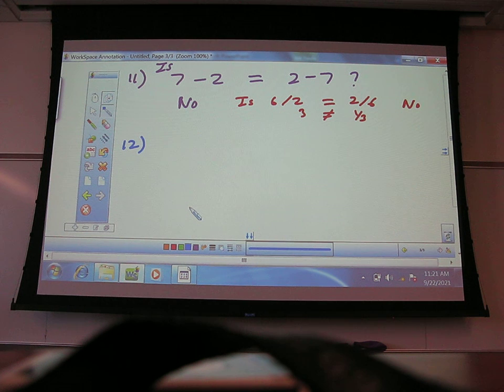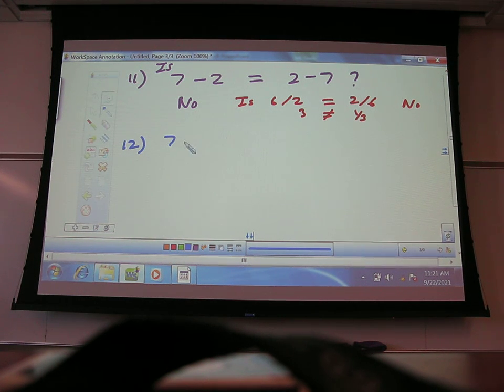So 12 says the associative property. Does that apply to division and subtraction? So in other words, I have 7 minus 5 minus 2, with parentheses around the first two. Is that the same thing as 7 minus 5 minus 2 with parentheses around the last two?